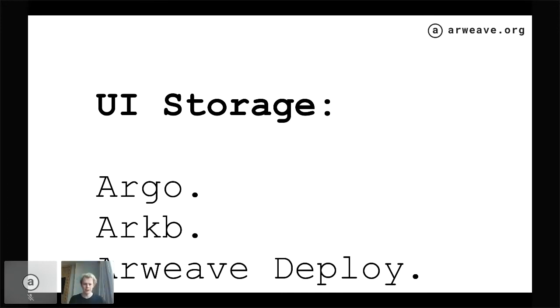Arweave Deploy was the original deployment system. You can install it by just running npm install arweave. It's pretty easy. And then you can just say arweave deploy, and then your file or directory.